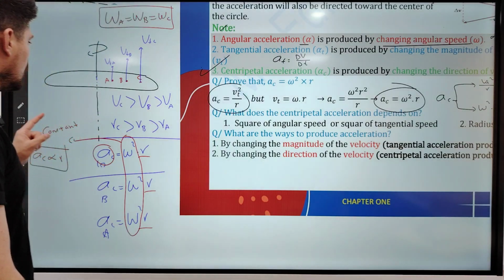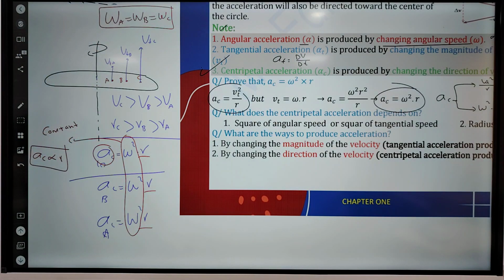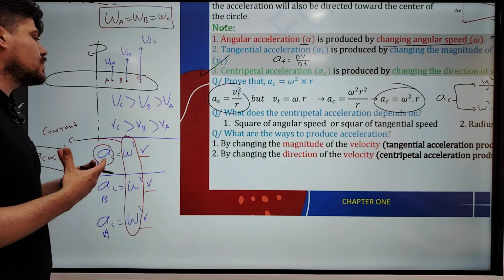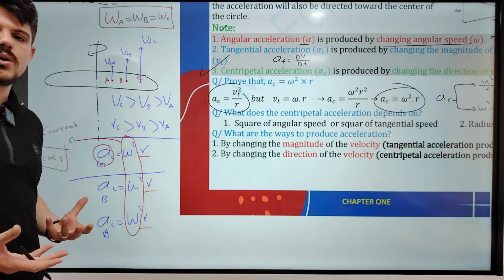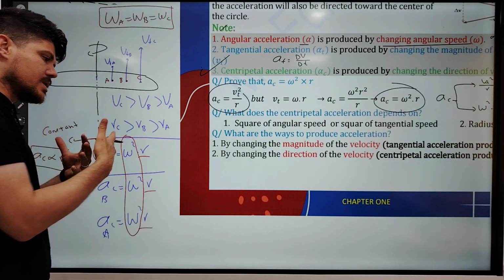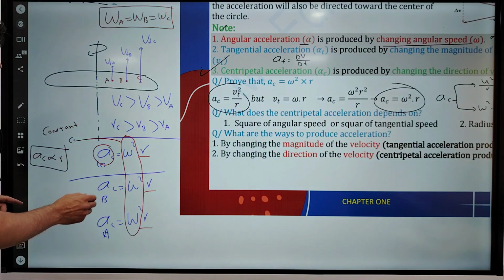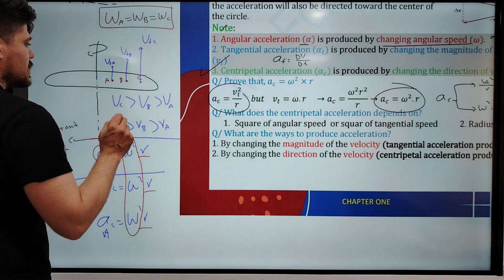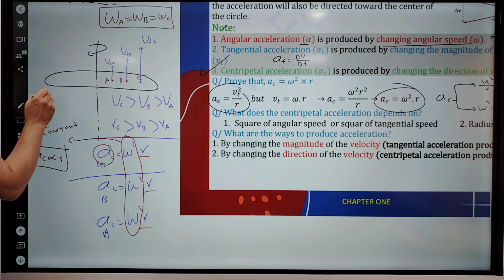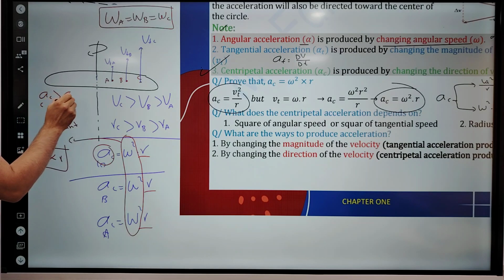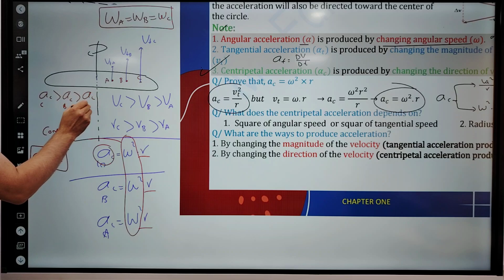So for a rotating object, when the radius increases, the centripetal acceleration also increases. When the radius decreases, the centripetal acceleration also decreases. So which point has the largest centripetal acceleration? AC for point C is bigger than AC for point B, and B is bigger than AC for point A.